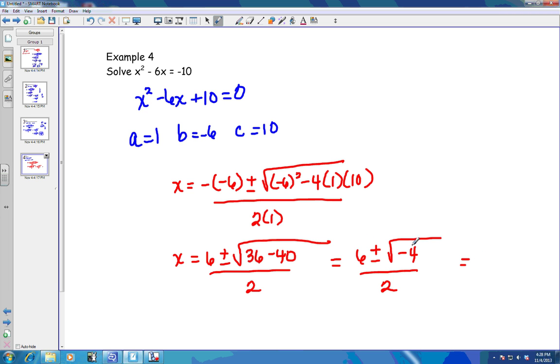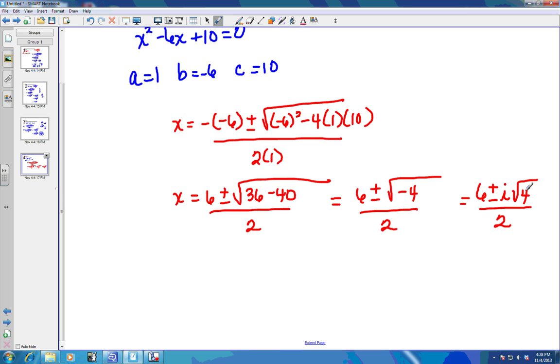We know that we can't have a negative underneath the radical, so to fix that, I can bring that i out and just have a 4 left. And now I'm going to take the square root of 4. The square root of 4 is 2. We usually write that 2 before the i. So now I can reduce everything by 2. So my answer is 3 plus or minus 2 divided by 2 is just 1i or i.